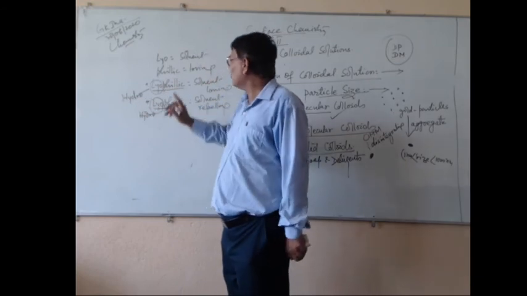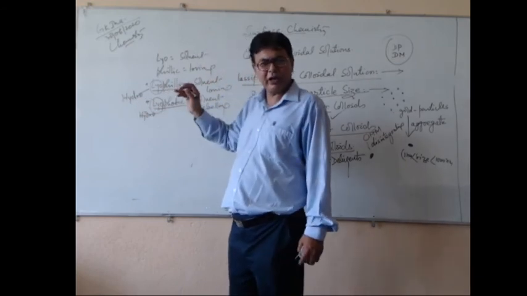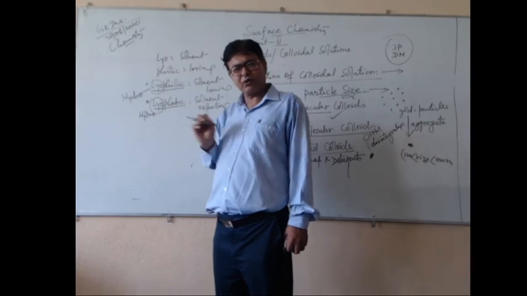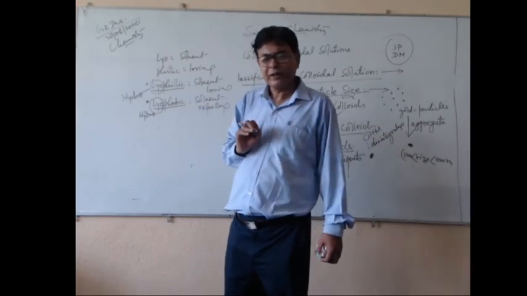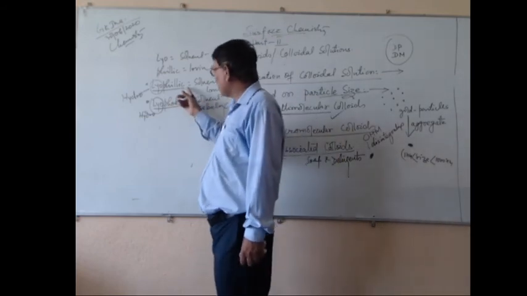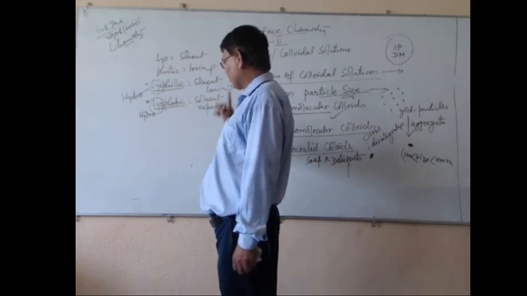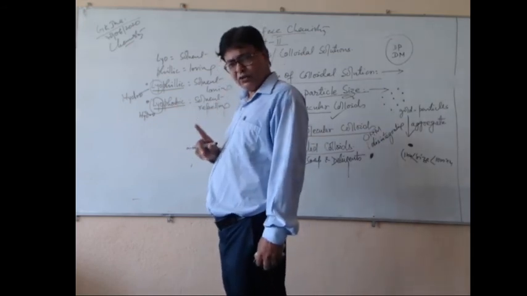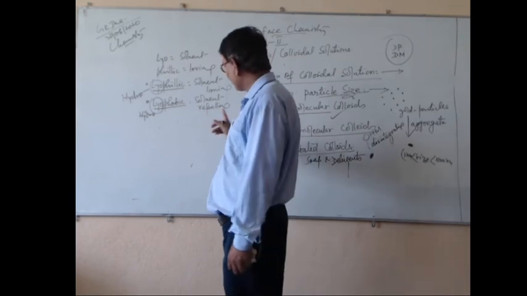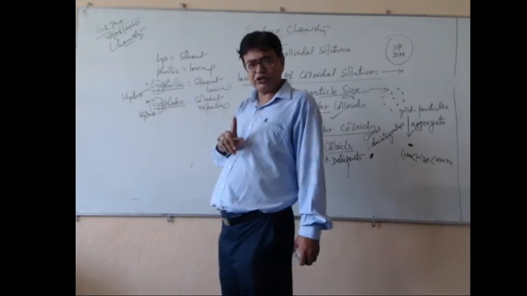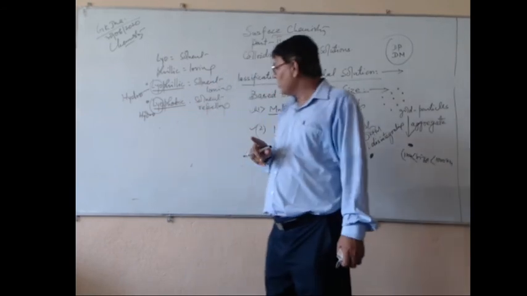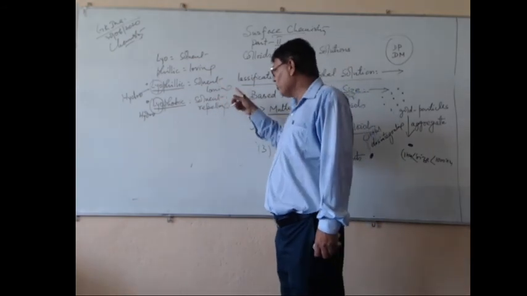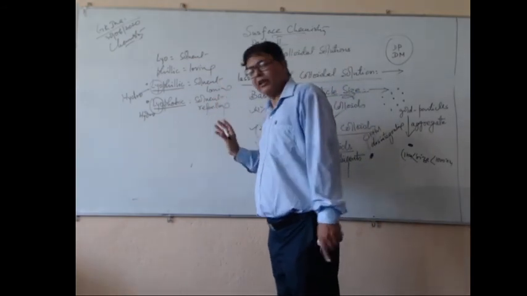In general, lyo is used, and any other suitable solvent or dispersion medium may be chosen. So lyophilic and lyophobic colloidal solutions are two different types of colloidal solution based on whether the colloidal solution is solvent loving or solvent repelling.